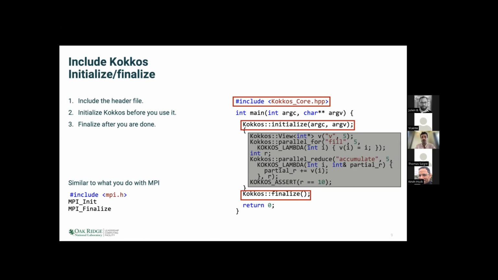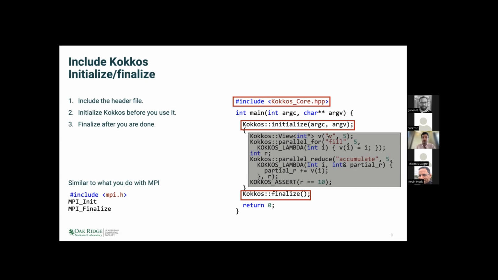When you do so, it will let you, or whoever is running your code later, pass Kokkos specific command line arguments that Kokkos can recognize, that can control a bit what Kokkos does. So for instance, you could ask for help if you don't remember what the options are, or you could set the number of threads, or you could select a particular device.